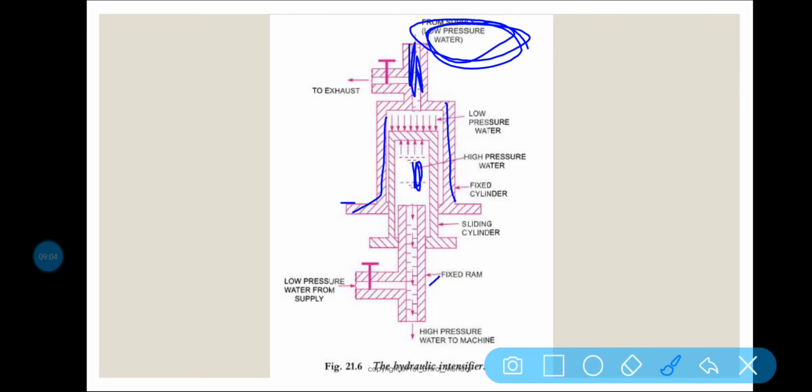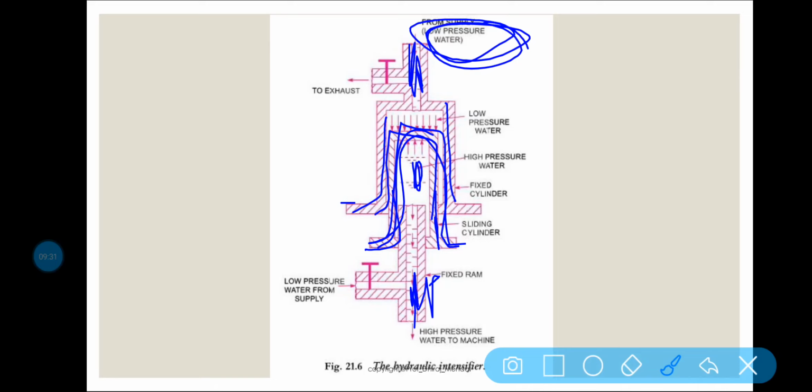This is your fixed ram. This is your sliding cylinder. Clear? By the help of this sliding cylinder, the desired work is done. Basically, it is the device used to increase the intensity of pressure of water by means of hydraulic energy available from a large amount of water at low pressure.